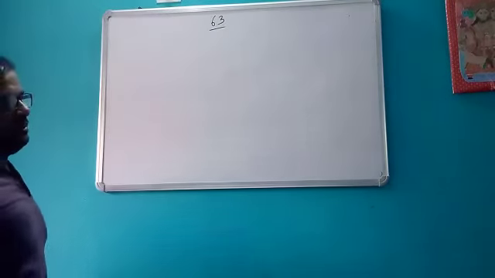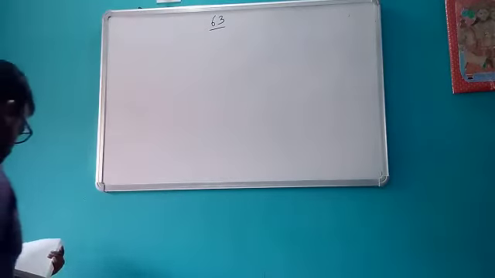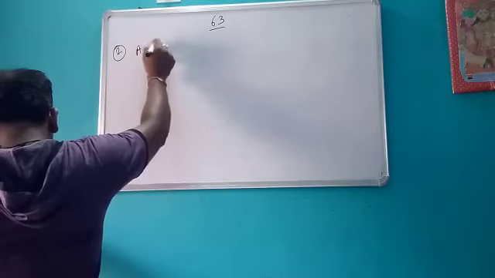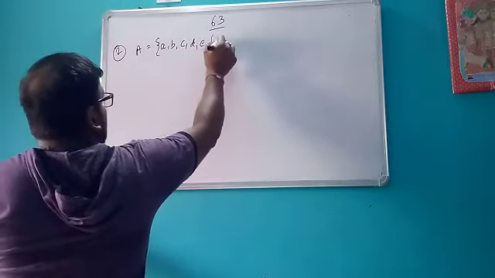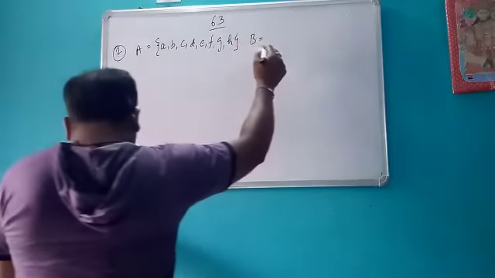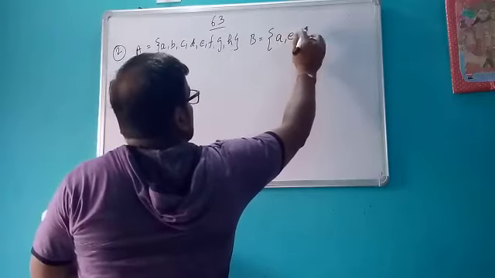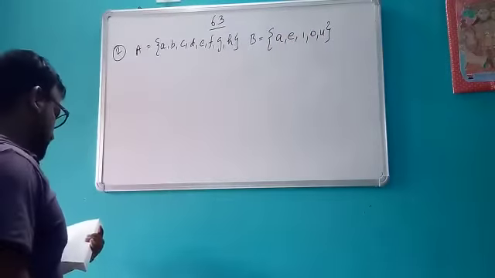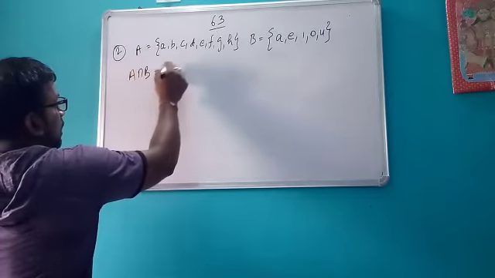Okay, let's discuss the exercise 6.3 and let's see what we will do in this exercise. Suppose I have a set that is A = {A, B, C, D, E, F, G, H} and suppose one set is there B = {K, E, I, O, U}. Okay, so these are the two sets and I have to calculate A intersection B. So how will I calculate?